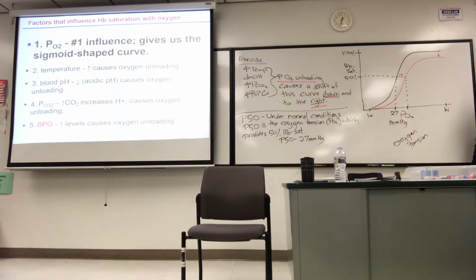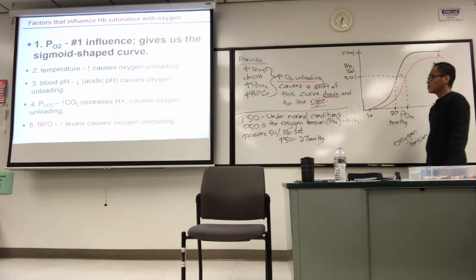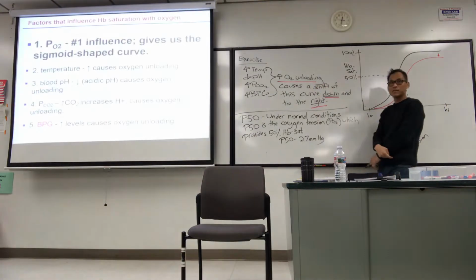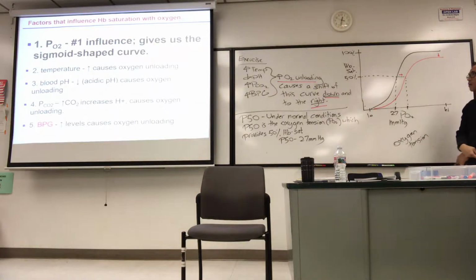So think of it this way. When you're exercising, don't you want to unload better? You do. You need more oxygen for the working muscles during your workout. So this actually is desirable for this condition, but you increase P50 when you shift it. There's something called the Bohr Effect.